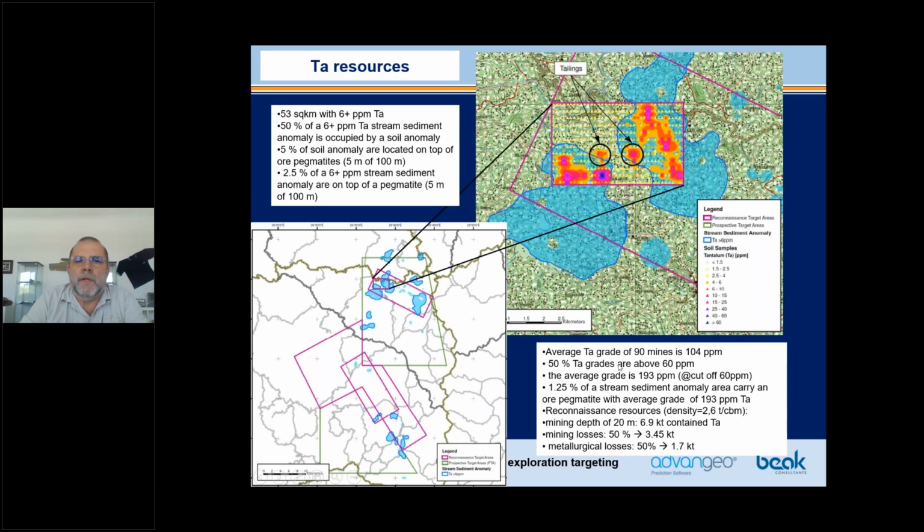From the pegmatite sampling itself, we have the average grades of the pegmatites. If we assume a cutoff of 60 ppm, the average grade is around 200 ppm.